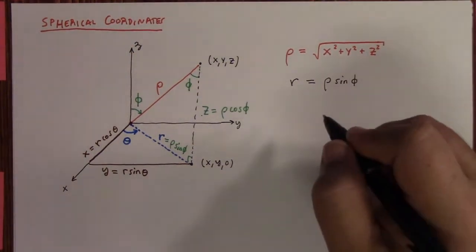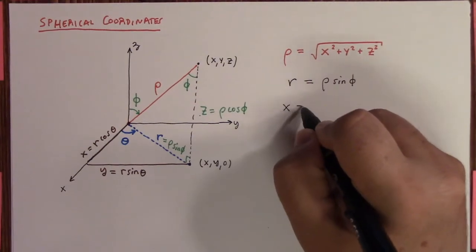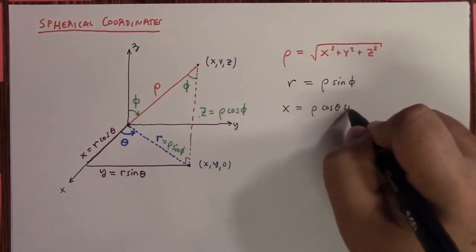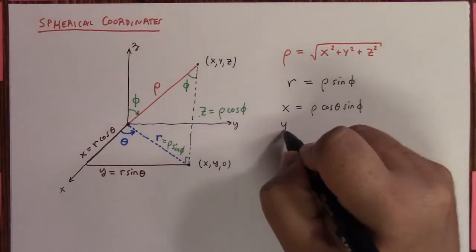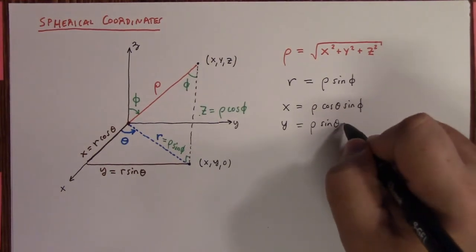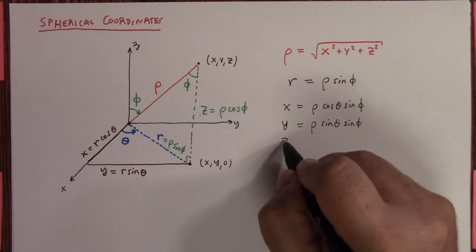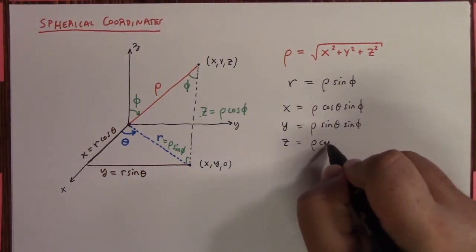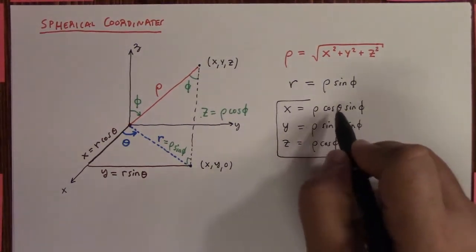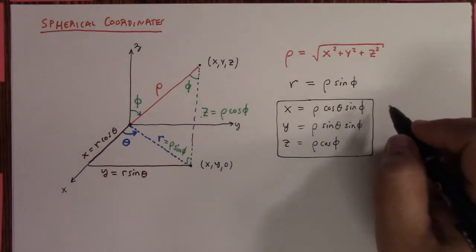So if you plug that into these, we get x equals rho cosine theta sine phi, y equals rho sine theta sine phi, and as I mentioned already, z is equal to rho cosine phi. So these, folks, are the fundamental formulas that define the spherical coordinate system.